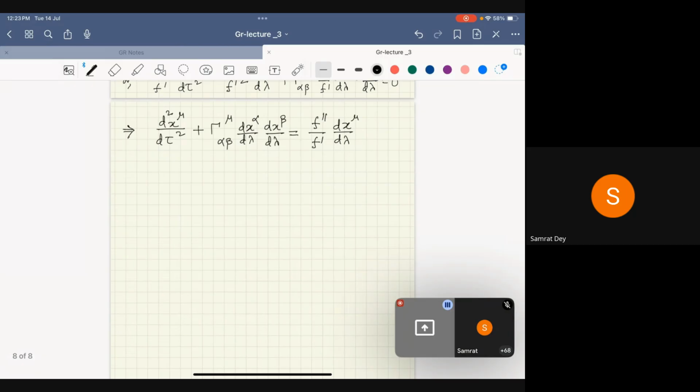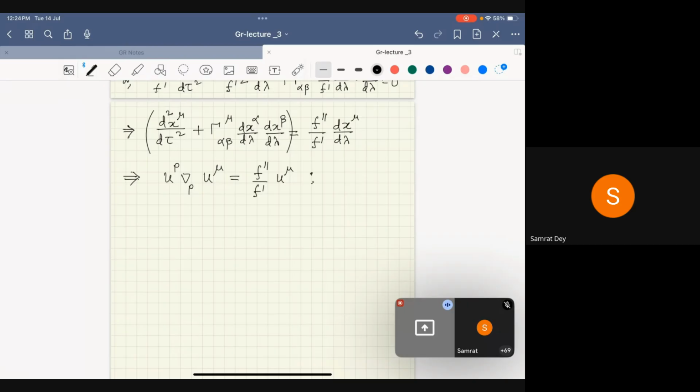So this I have already seen just now, that can be written as u rho del rho u mu is equal to f double prime by f prime u mu.